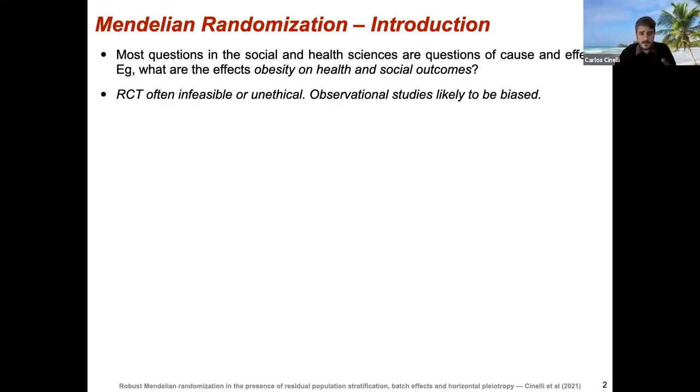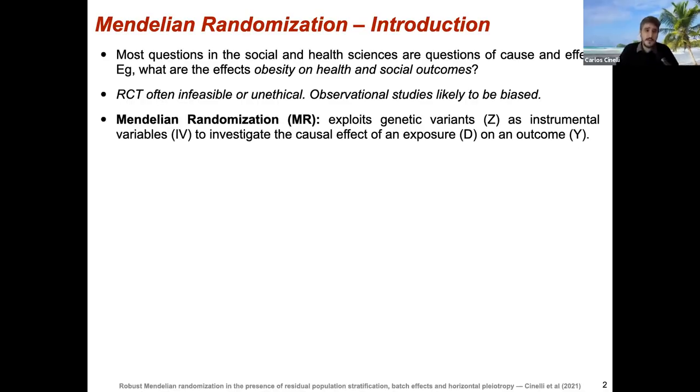Not only is it hard, but it can have several ethical consequences. So the alternative to that is to go to observational studies, but as we all know, observational studies are likely to be biased because of unmeasured confounding and other biases that mar observational studies.